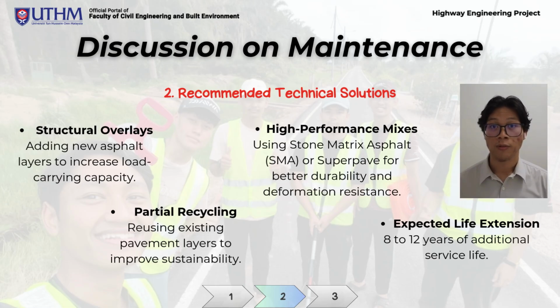Partial recycling of existing pavement layers is also suggested to improve sustainability and reduce material cost. In addition, high-performance asphalt mixes such as stone matrix asphalt or Superpave can be used to enhance durability and resistance to deformation. These measures are expected to extend the pavement service life by 8 to 12 years.